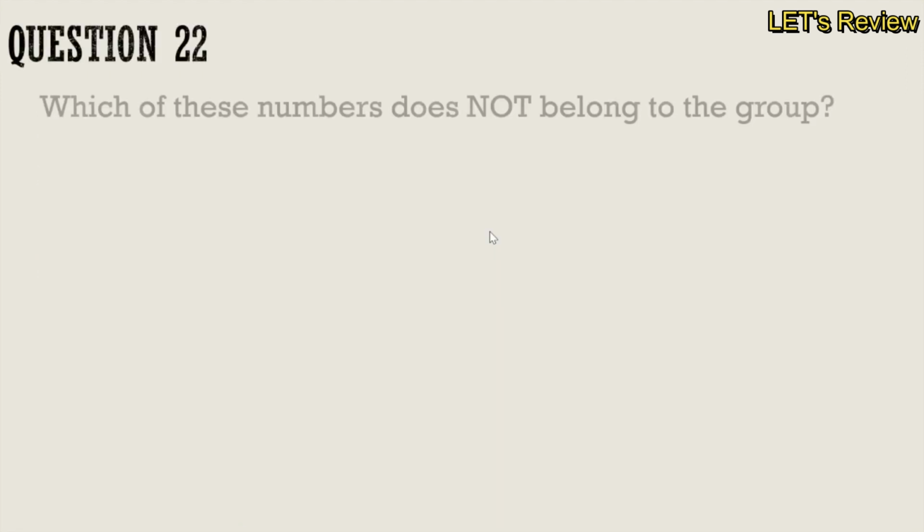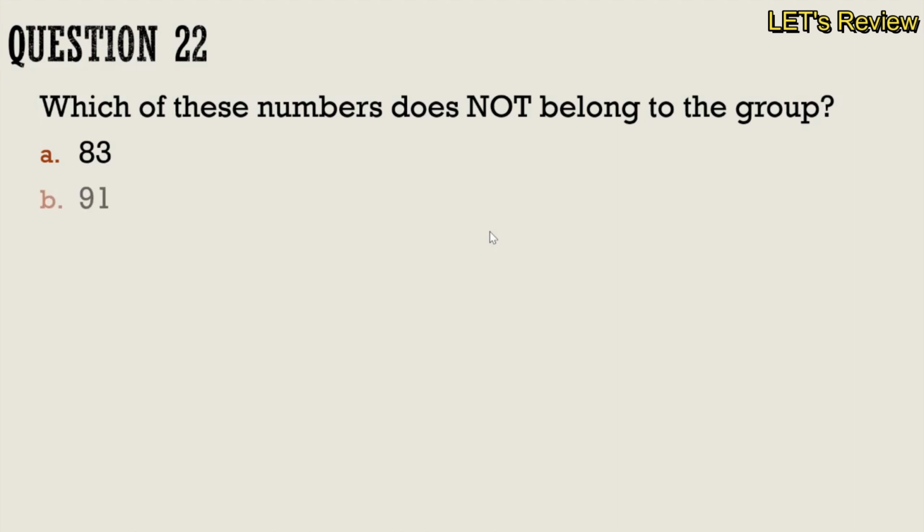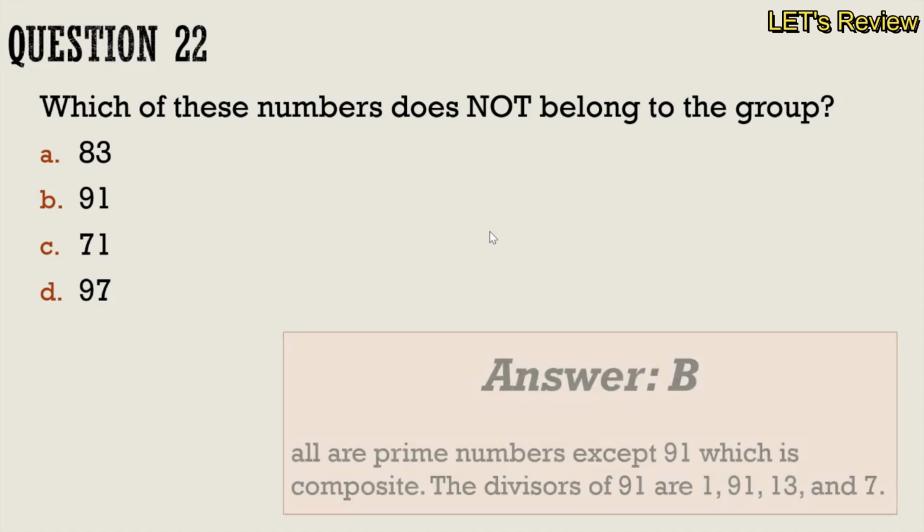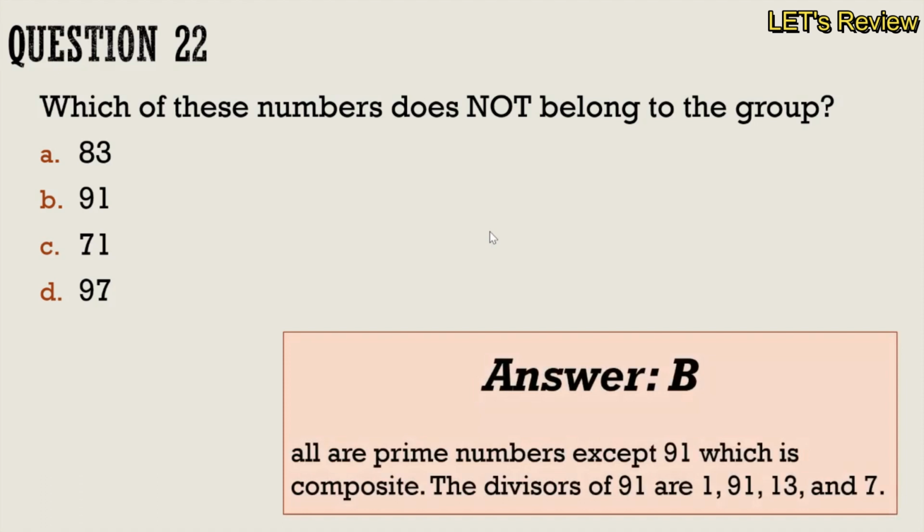Question 22. Which of these numbers does not belong to the group? A. 83. B. 91. C. 71. D. 97. The answer is B. All are prime numbers except 91, which is composite.